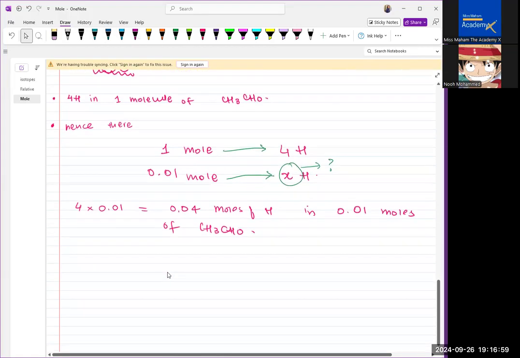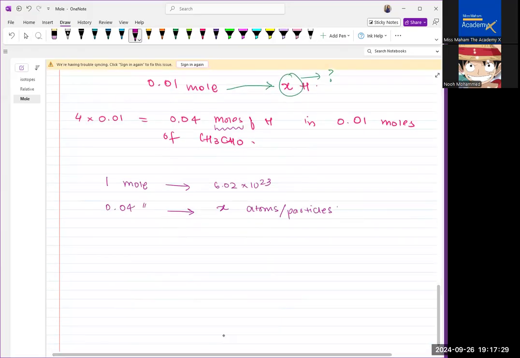Now, if they ask you about the atoms, right? And what have we calculated? Moles. Moles to atoms or particles, how do you do that? Use the same general formula. So 1 mole is 6.02 into 10 to the power 23. So 0.04 moles will be X atoms or particles, right? Correct? Yeah. So again, cross multiply.